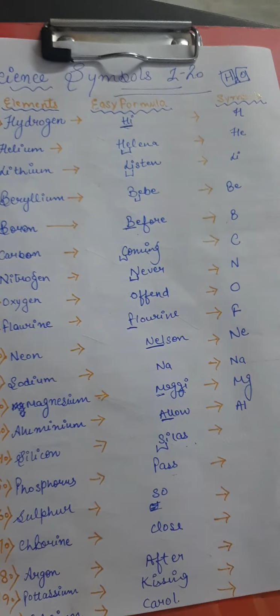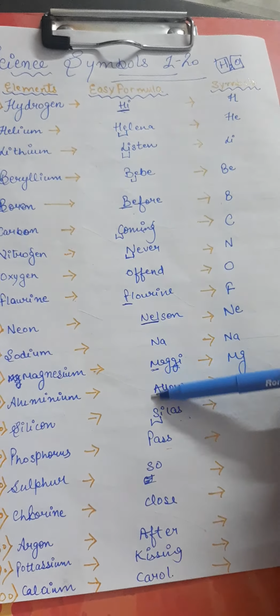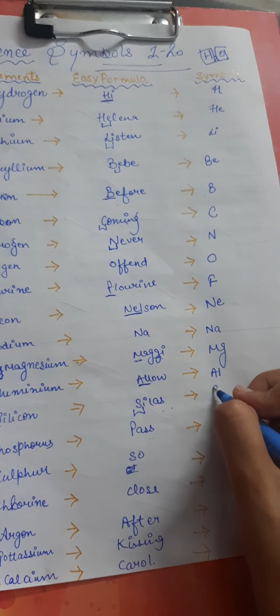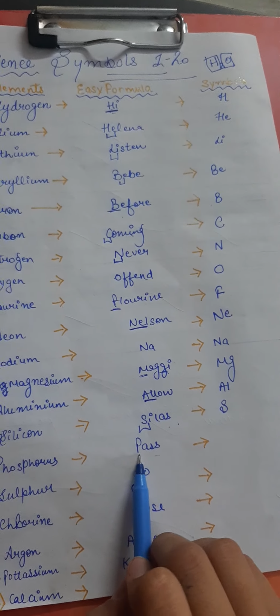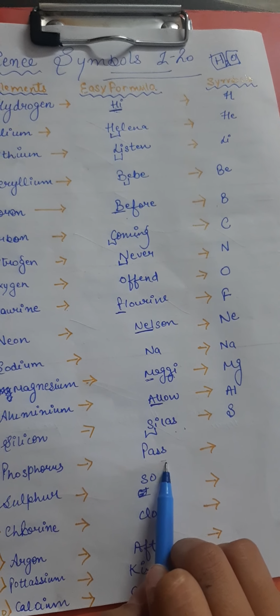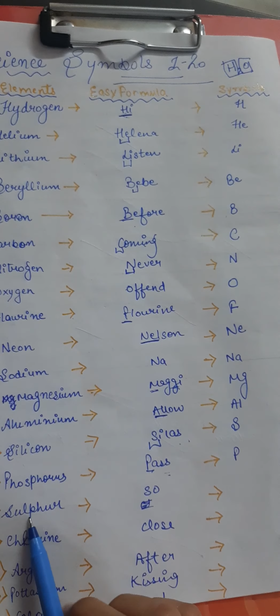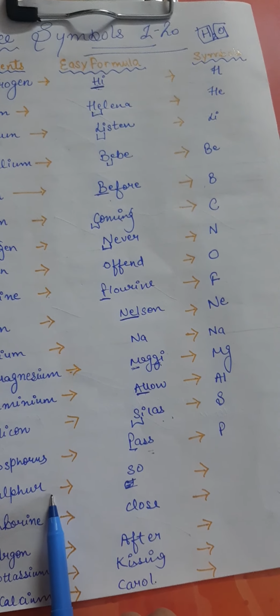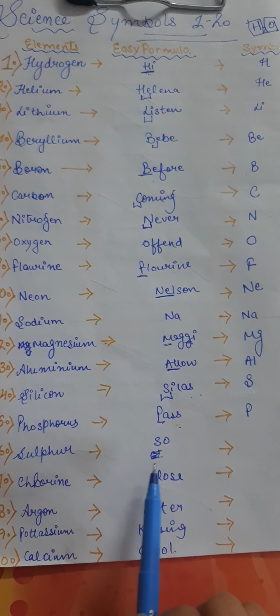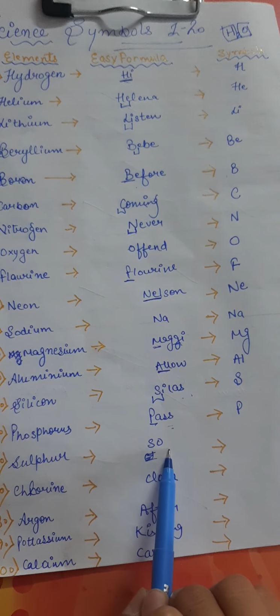S only we can take because S is not used yet, so we can take a single letter. Next is phosphorus. Pass, we will take P. Then sulfur, we will take S here only.